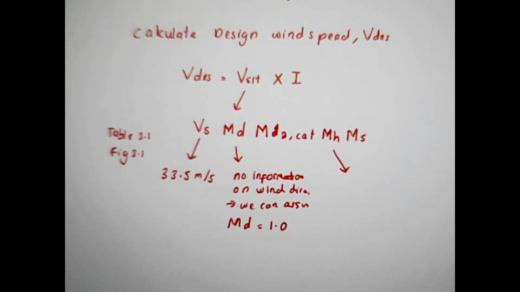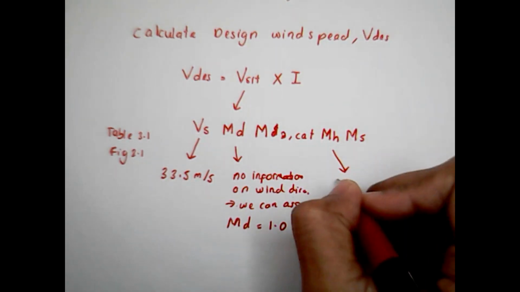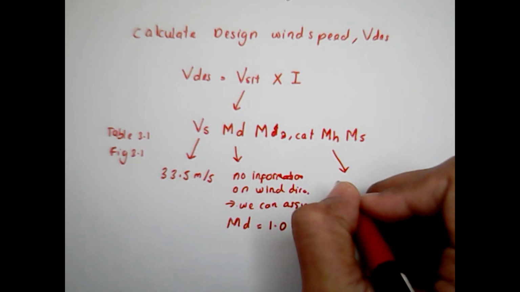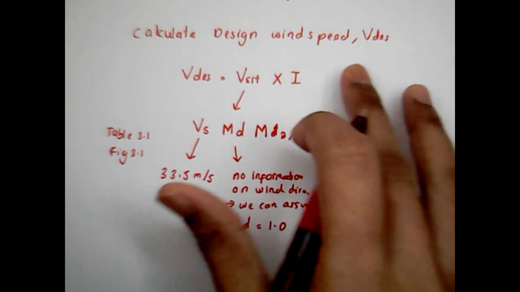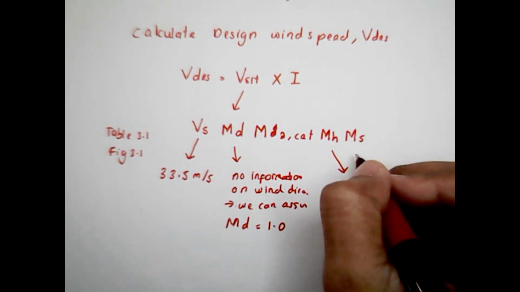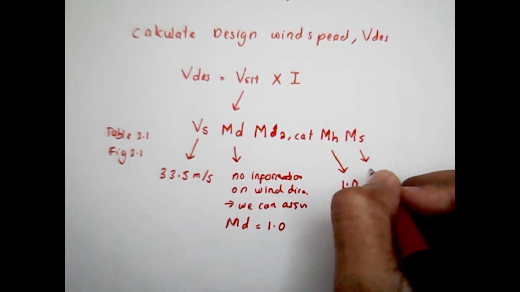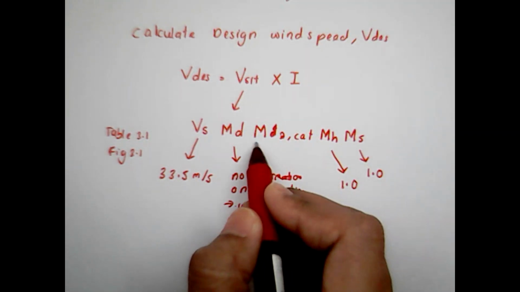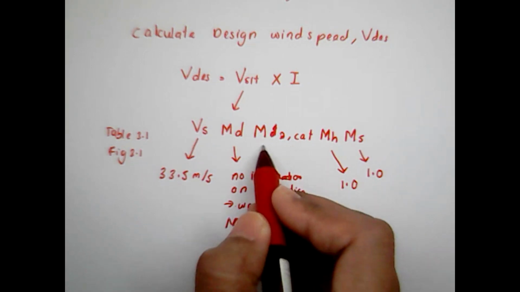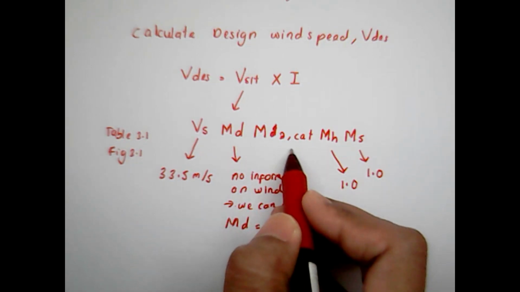So because they are negligible, we can take the value of MH equal to 1.0, and shielding also negligible, so we took it as 1.0. So the only remaining parameter that we haven't found yet is MZ cat.